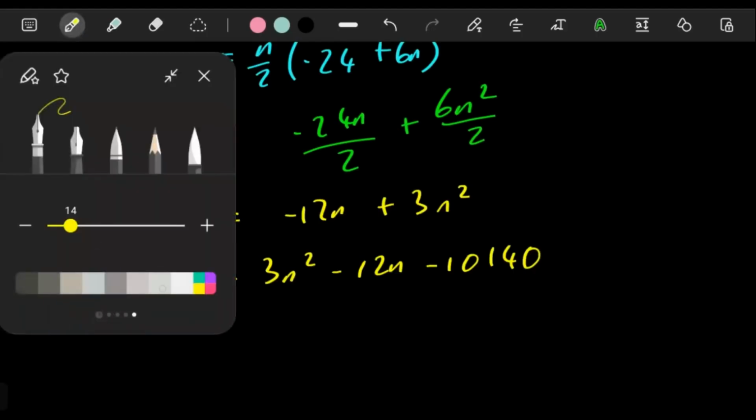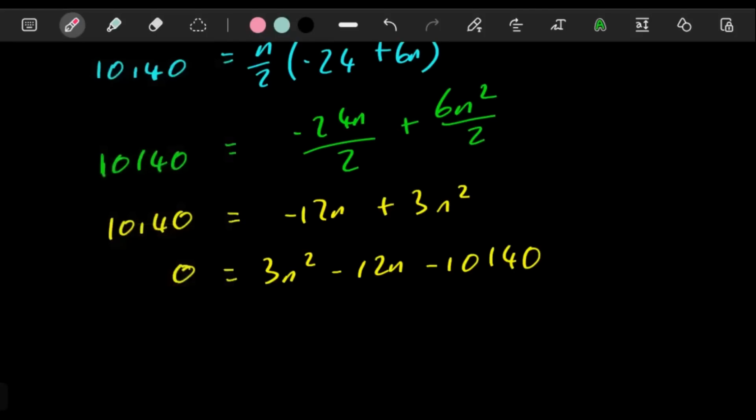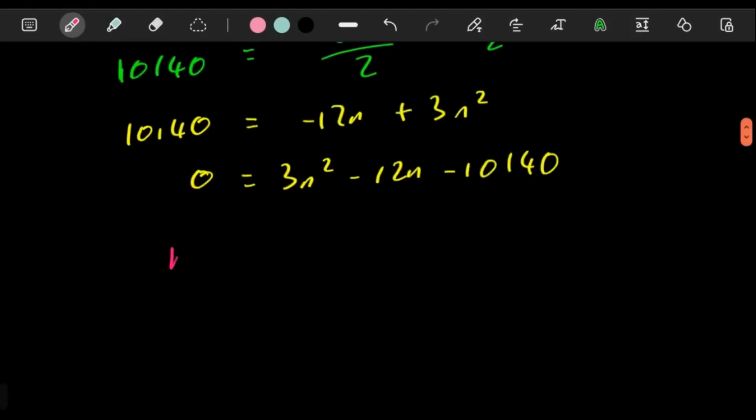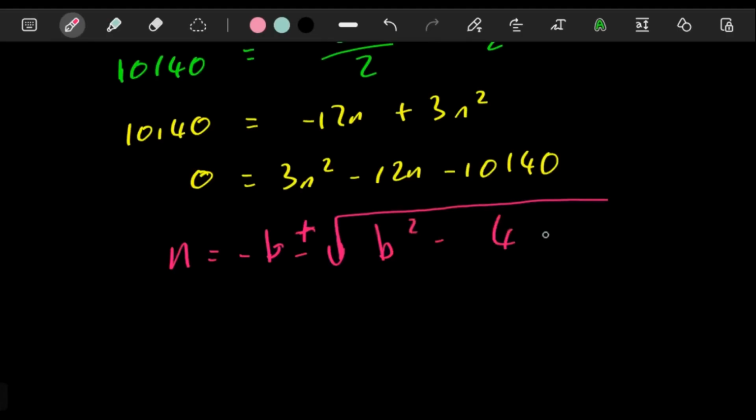Let's see here. Moving forward, we can just use the quadratic formula for this one. n is equal to minus b plus or minus the square root of b squared minus 4ac, the whole thing over 2a.